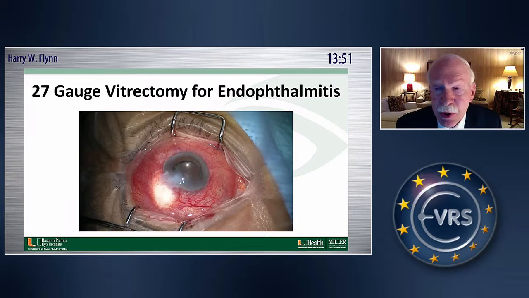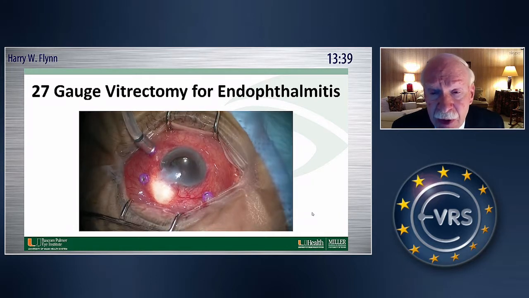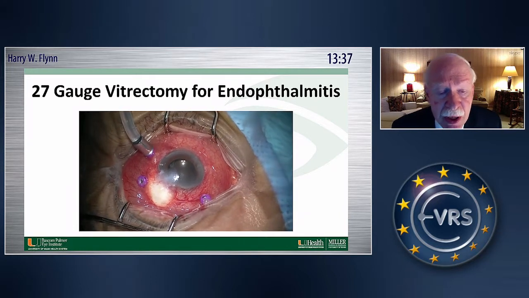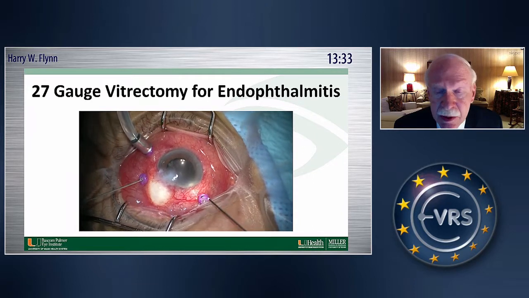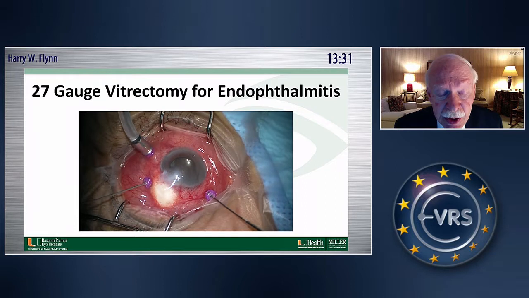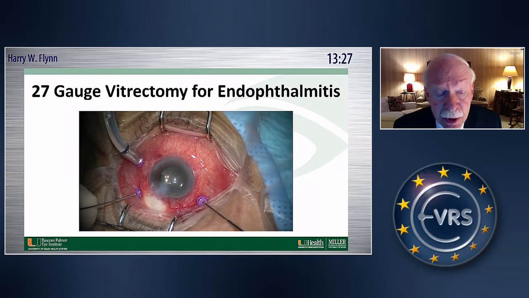This is a short video of 27 gauge vitrectomy. We could begin the video, please. This is a patient that developed bleb-associated endophthalmitis. You can see placement of the cannulas in a standard position. The instruments are introduced.